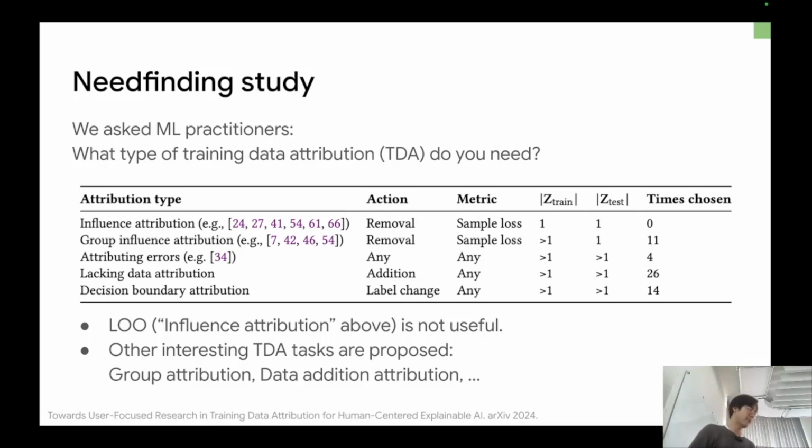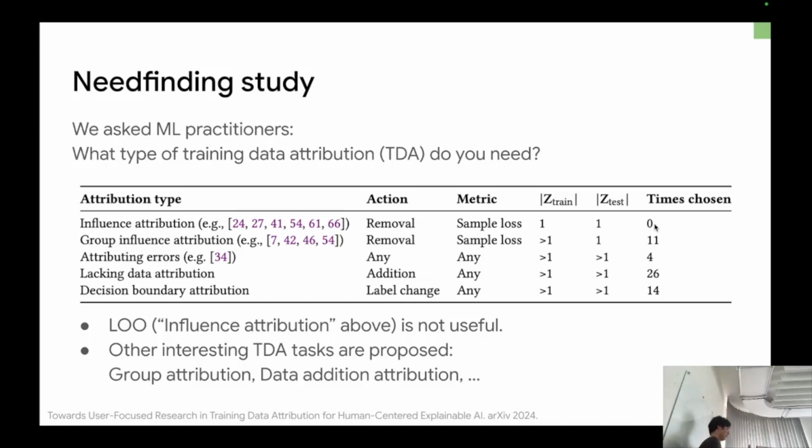Also, the question we asked was, now people are all looking at this leave-one-out retraining. So what happens if you remove this training sample and look at the change in the model's reaction on this test sample? It's so hard to express in one sentence as well. We also proposed different options.